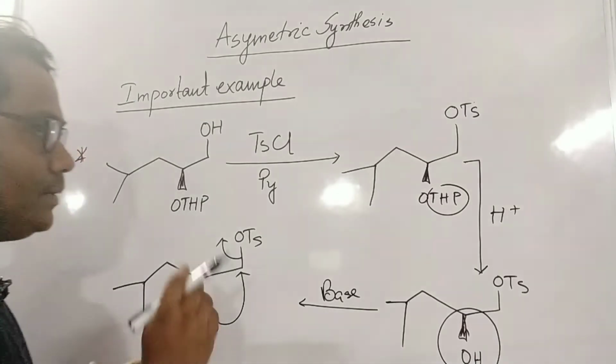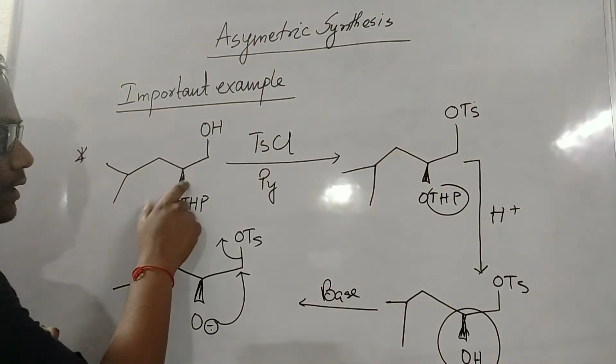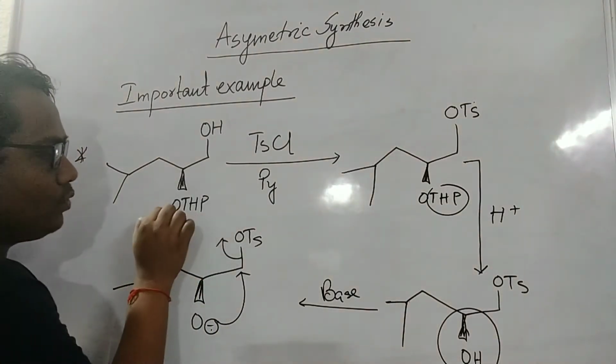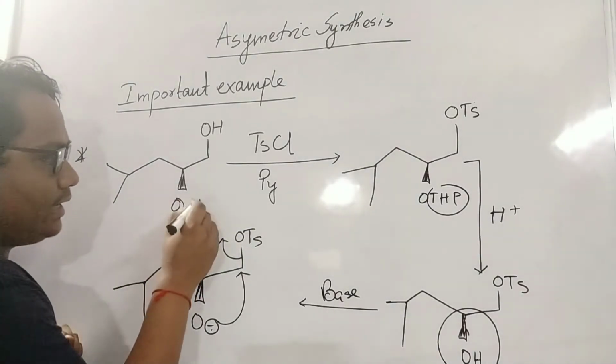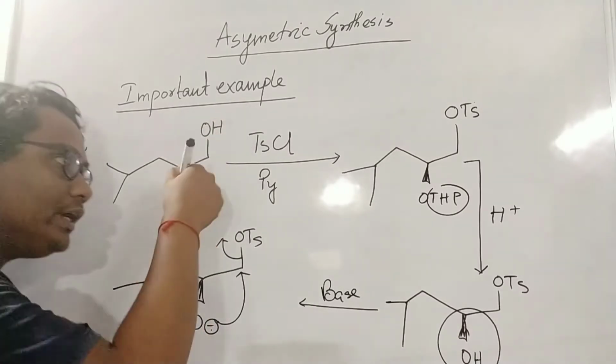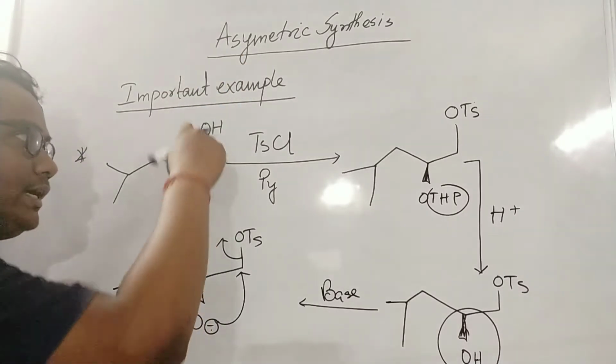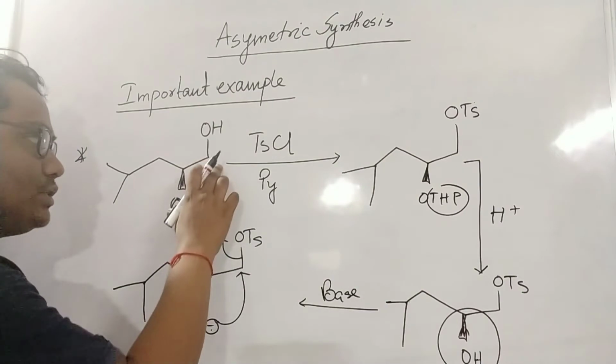So previously, at the start, one OH group is in this position, and here an acid group is there. It will attack, the acid group is removed, and the epoxide will form.